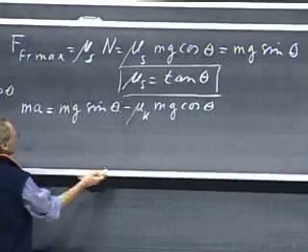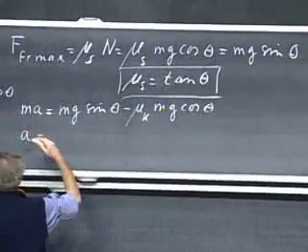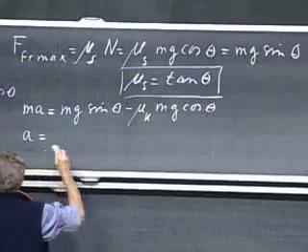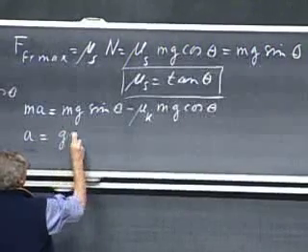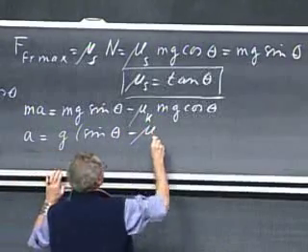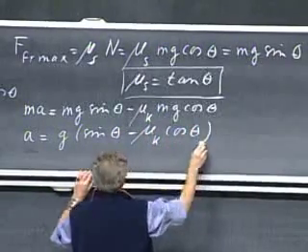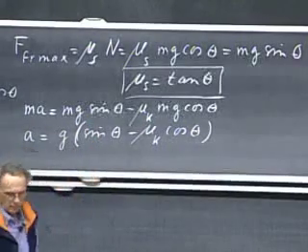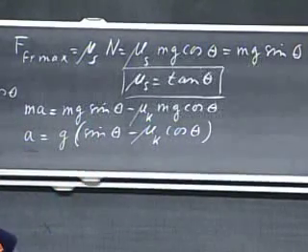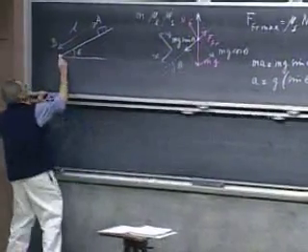I lose my m, and so the acceleration in the positive x direction, the way I defined positive x direction, equals g times the sine of theta minus mu k times the cosine of theta. That's the acceleration. And now a natural question would be, what is the speed at which it reaches point B?